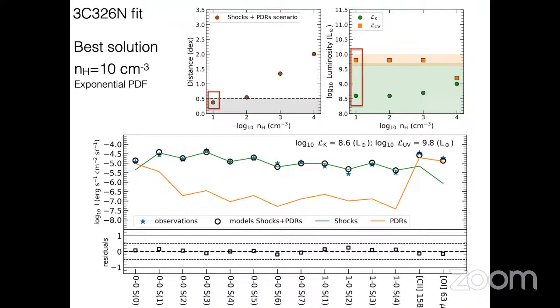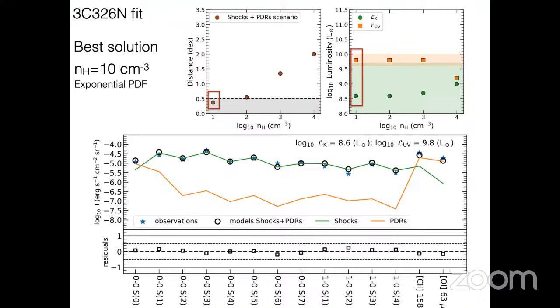But now what's nice is that you can derive the energy budget. Now that you have the best fit, you can derive the total kinetic energy luminosity and the UV luminosity. The UV luminosity is shown in orange here for all of those models, and the orange bar here is the infrared luminosity of the galaxy.